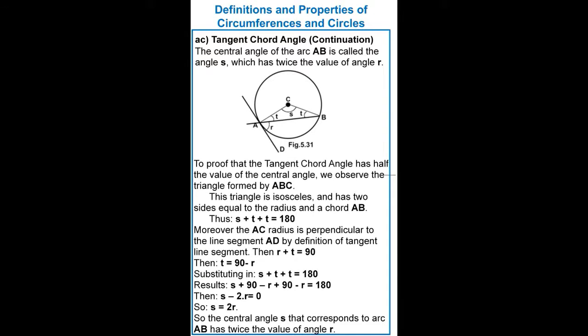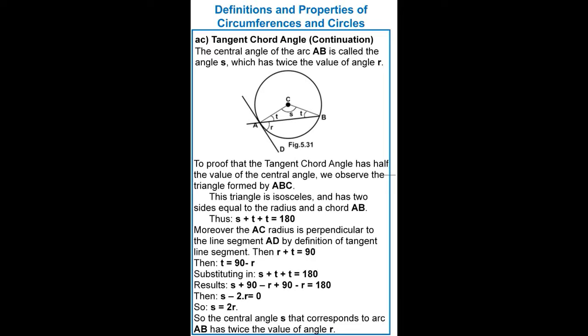This slide shows that the value of the center angle S is twice the value of the tangent chord angle R. To perform the proof, observe the triangle ABC formed in the figure. This triangle is isosceles and has two sides equal to the radius and the chord AB. As it is established that the sum of the interior angles of a triangle is equal to 180 degrees, the sum of two times the value of the angle T plus the value of the angle S results in 180 degrees.